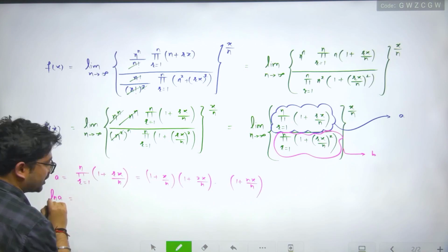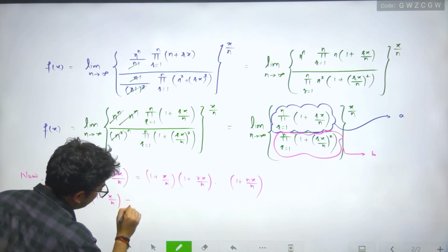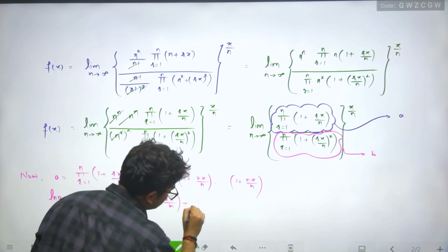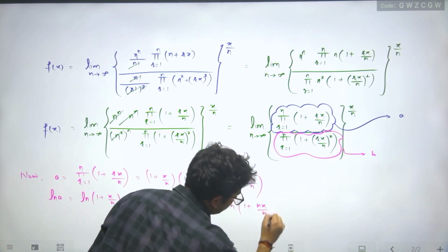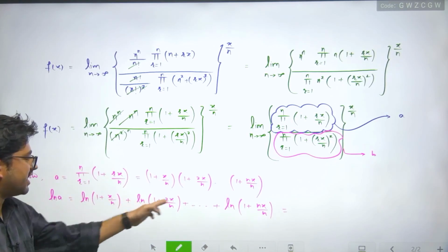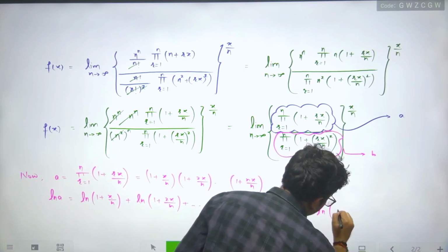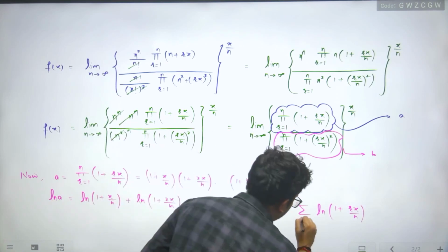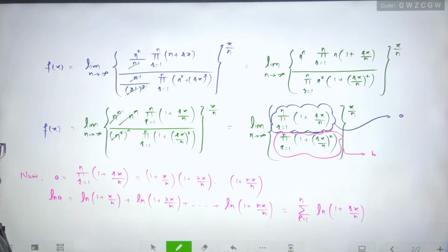So ln a is equal to ln of 1 plus x by n, plus ln of 1 plus 2x by n, plus and so on, plus ln of 1 plus nx by n. This can be written in sigma notation as sigma ln of 1 plus rx by n, where r is from 1 to n. Got it? So this is ln a.